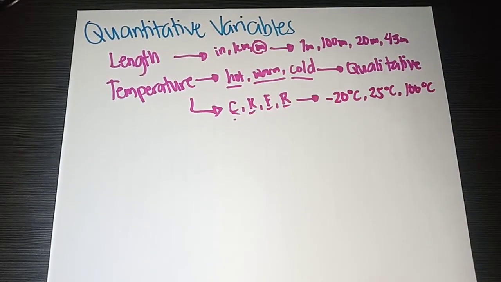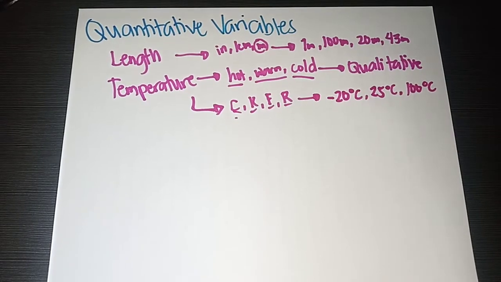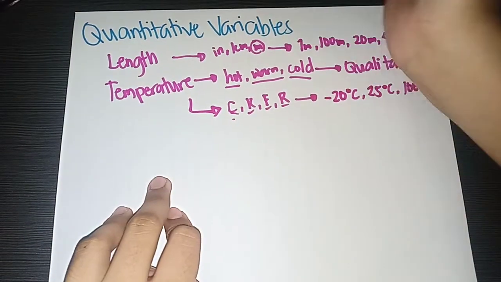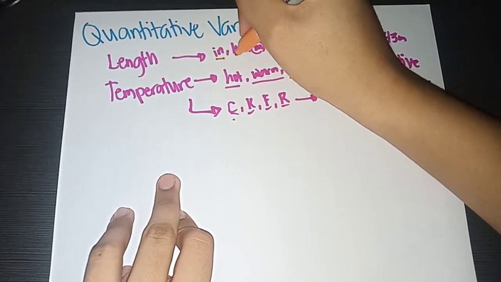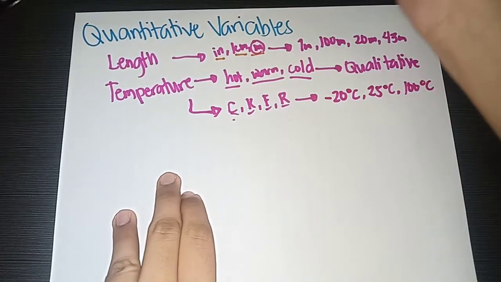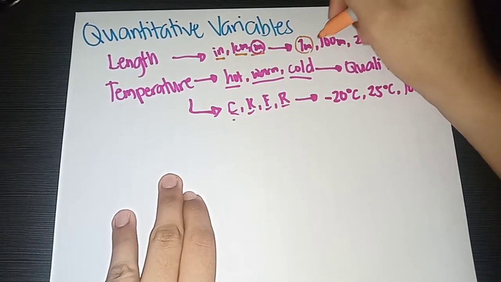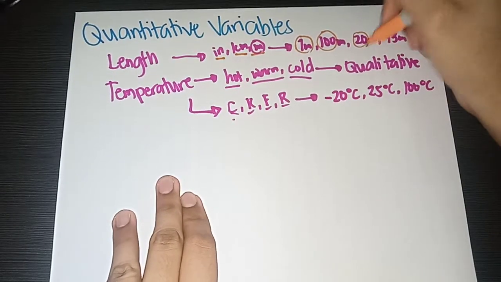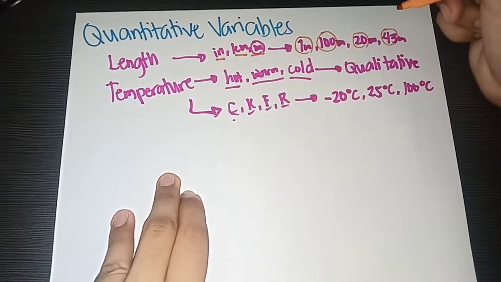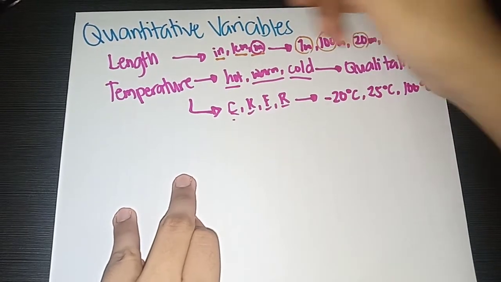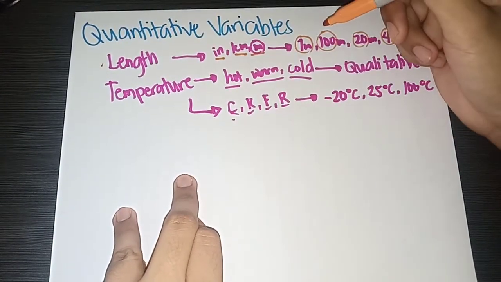With this example, the length is measured with units. It gave out possible values of 1, 100, 20, and 43. Meaning to say, length is a quantitative variable.